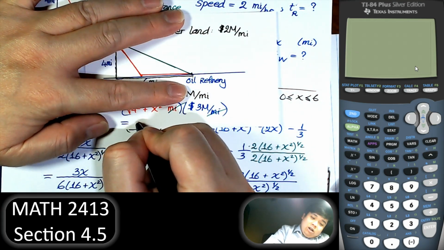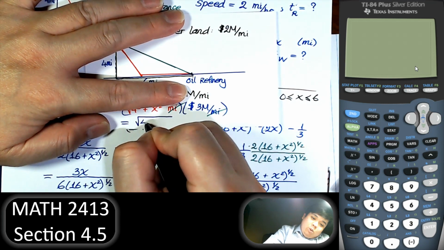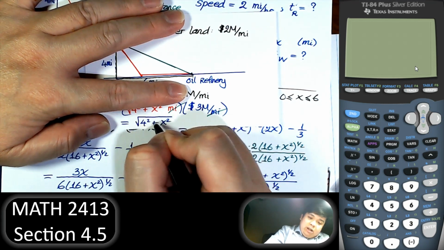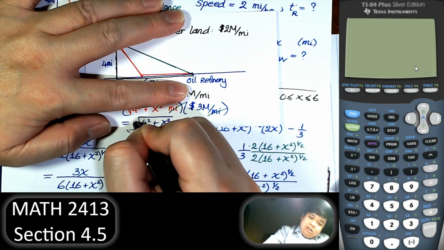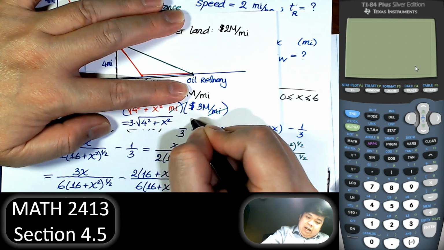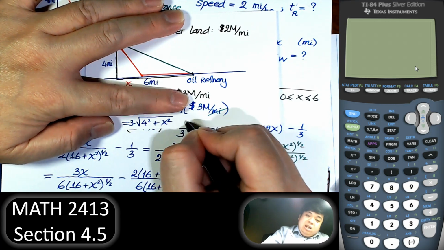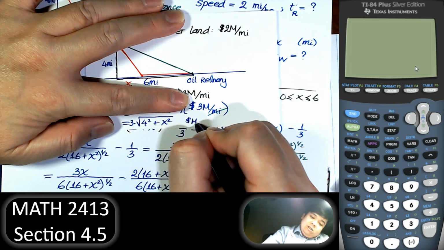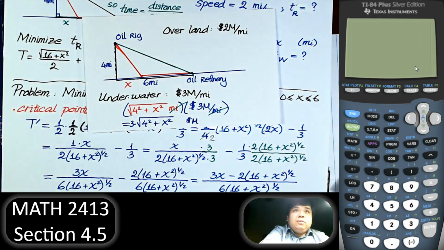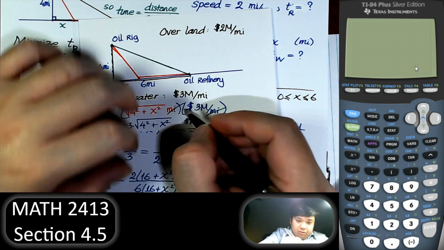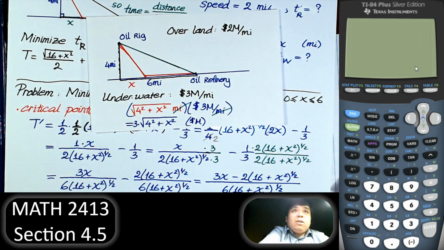So the underwater cost is going to be the square root of 4 squared plus x squared times 3, and the unit, of course, millions of dollars. So that is the cost of the underwater pipeline.